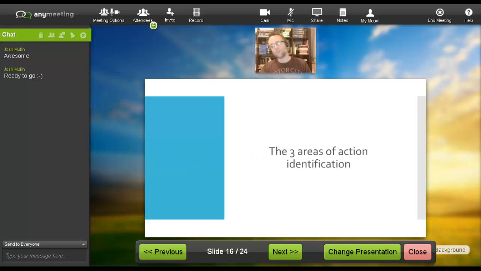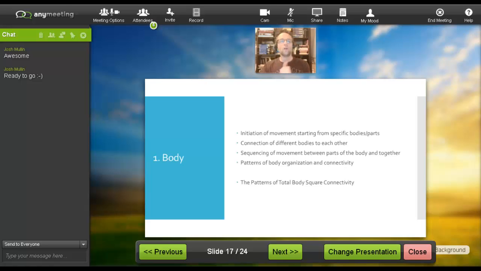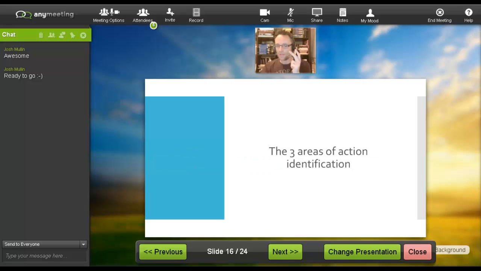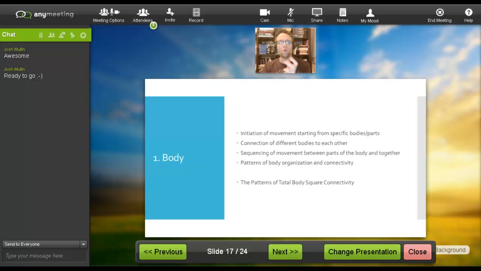But what are the three areas of identification? The first one is the body. It's the initiation of movement starting from specific body parts. We said simultaneous, sequential. What was the last one? Successive. Successive, simultaneous and sequential: those are the three areas that I'm looking for when I'm looking for the initiation of a movement.